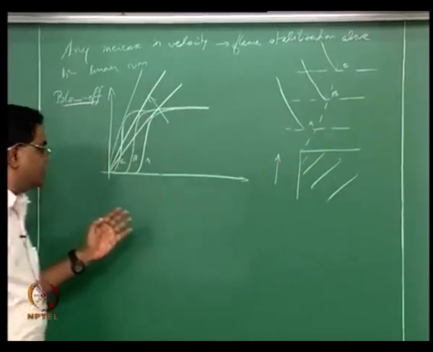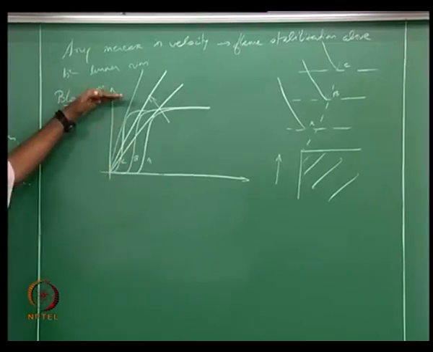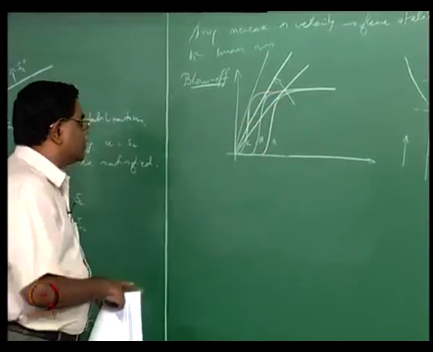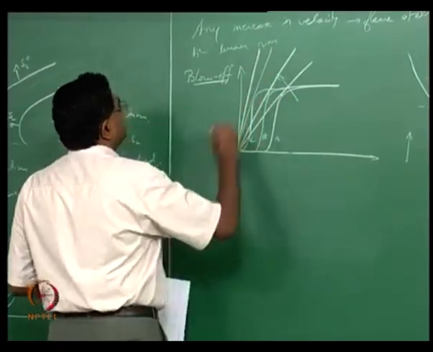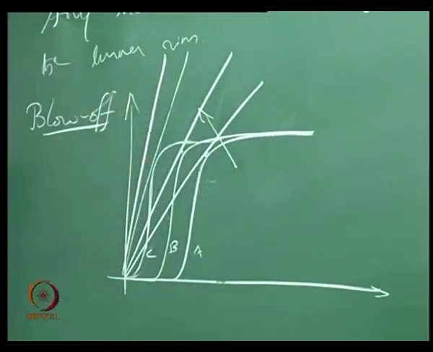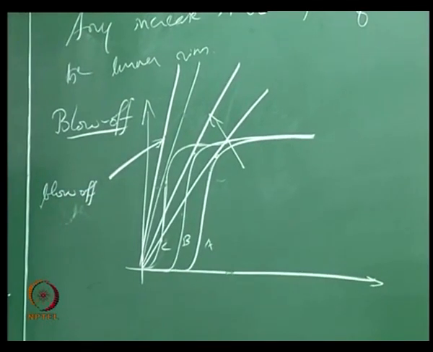So the rate of increase of this flame speed cannot happen so soon from the rim, and there is a cap on how much it can increase, that is the SL naught. So beyond this point you cannot have a further increase in velocity admitted by the flame, right, and this is a mechanism of destabilization of the flame leading to a blow off condition.